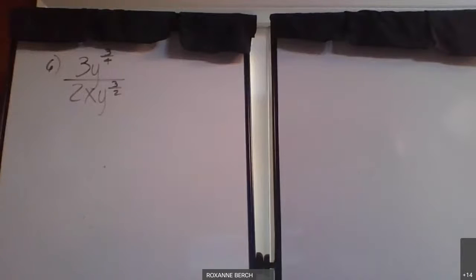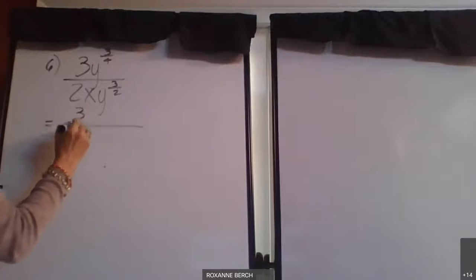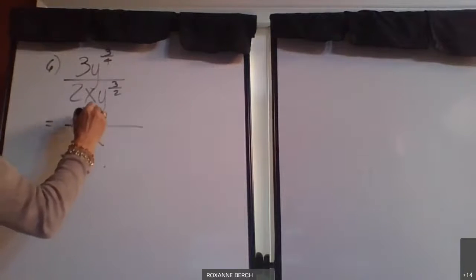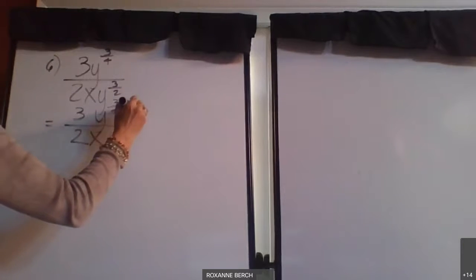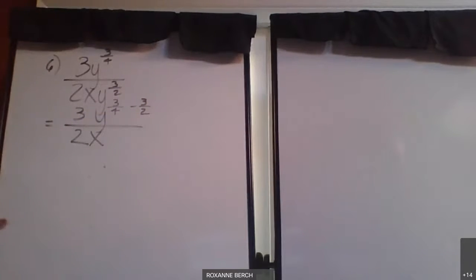So basically, there's nothing to do with the numbers, so just leave that as 3/2. There's nothing to do with the x, but as far as the y goes, you're using the quotient property, which says to keep the y on the top and subtract the exponents. Now, remember when you're subtracting, you have to have a common denominator.